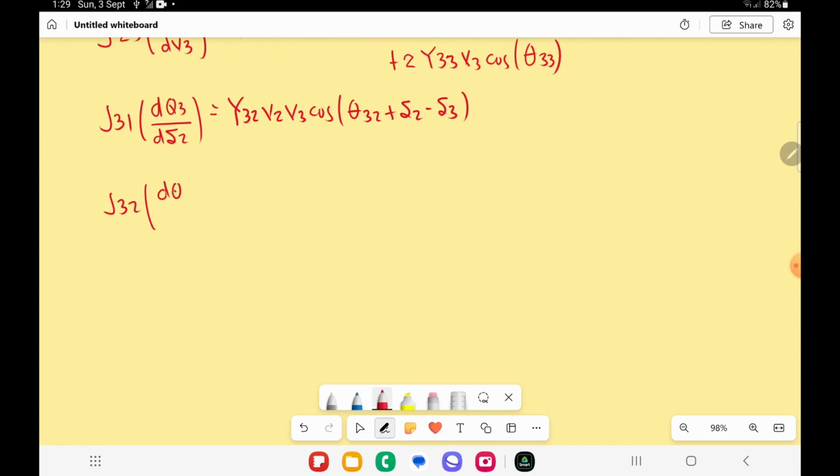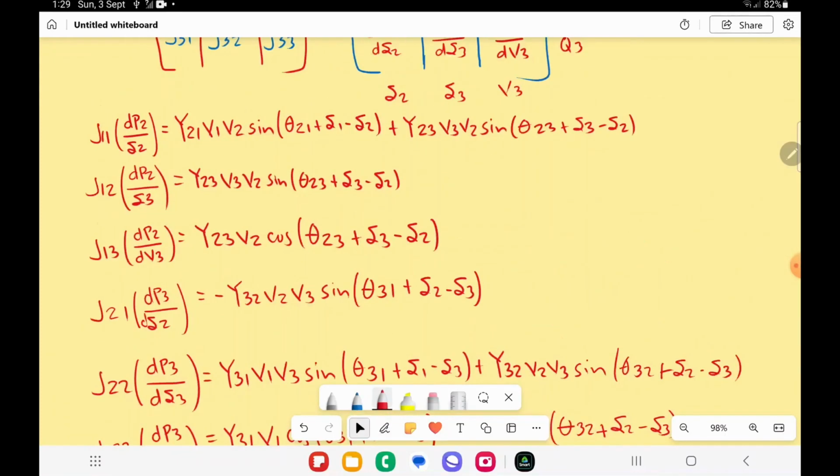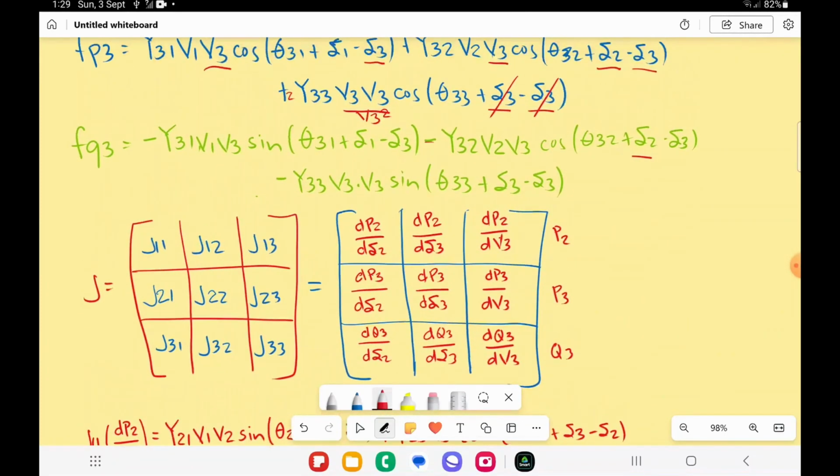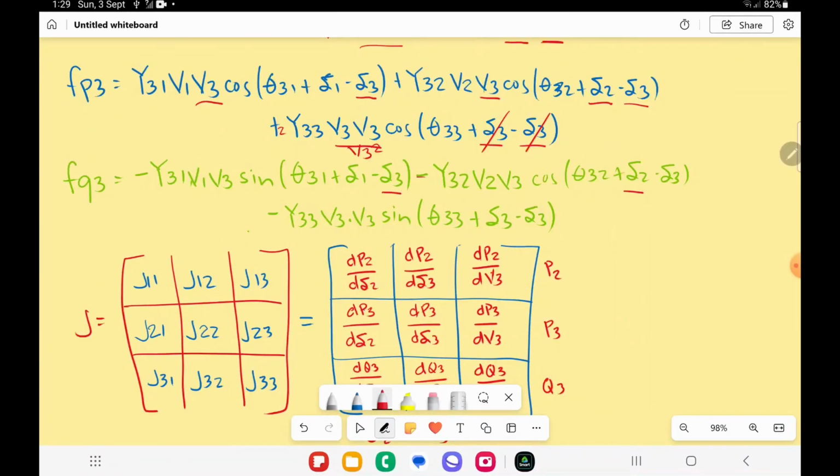This is the partial derivative of Q3 in terms of delta 3. So we look again for Q3 and delta 3. We have delta 3 in the first term, we have also delta 3 in the second term, and we have also delta 3 in the third term, but this will be cancelled.